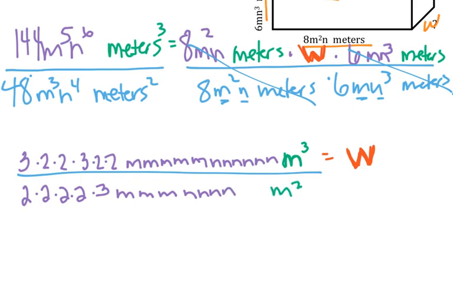Okay, so I'm going to go through and I'm going to cancel what I can. So some of my 2's are going to cancel, and one of my 3's is going to cancel, so that's just leaving me with a 3 on the top. My M's, I'm going to be able to cancel some of those. Oh, whoops, not that one. And then the N's I'll be able to cancel.